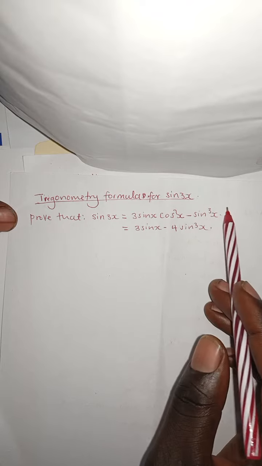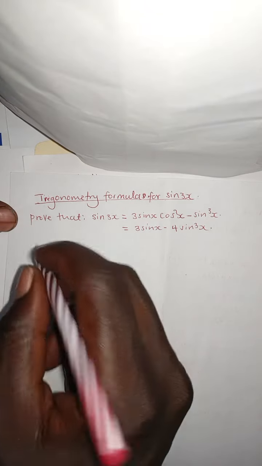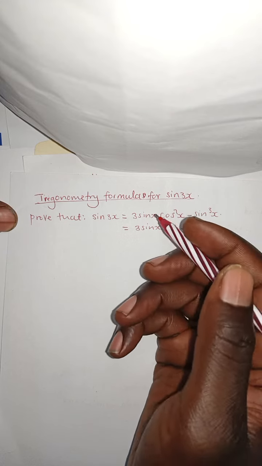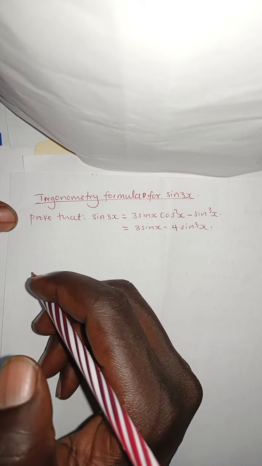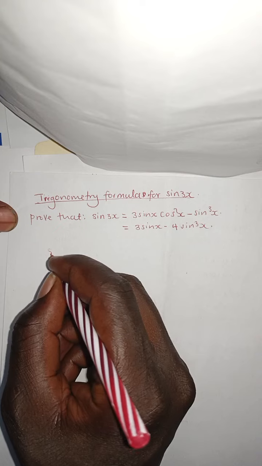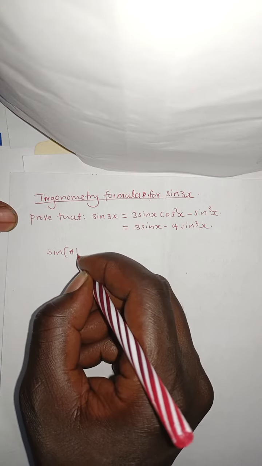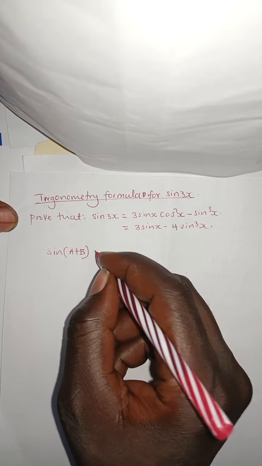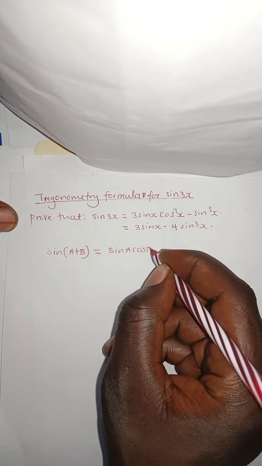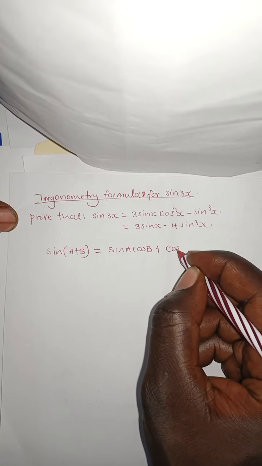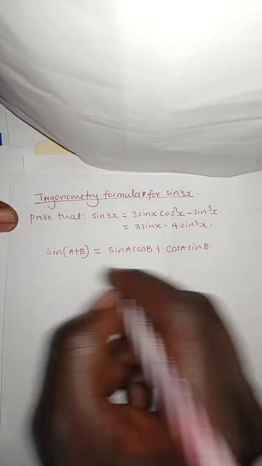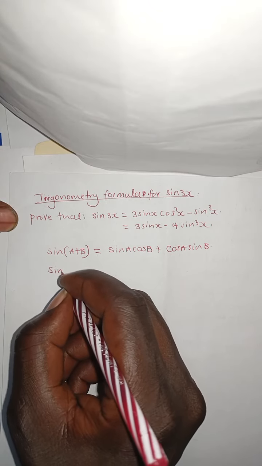So what are we going to do? Before you do anything, you first derive the compound angle formulas. For example, sine (A plus B) can be given as sine A cos B plus cos A sine B. Then let us also look at the double angle.